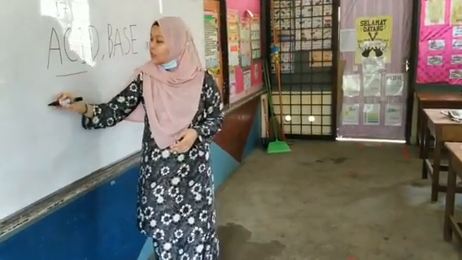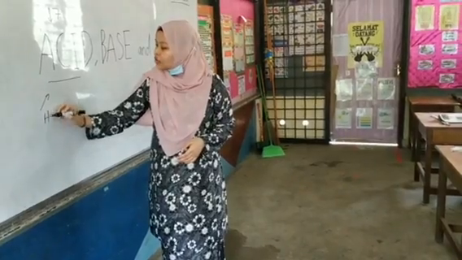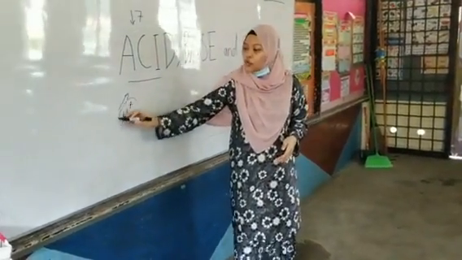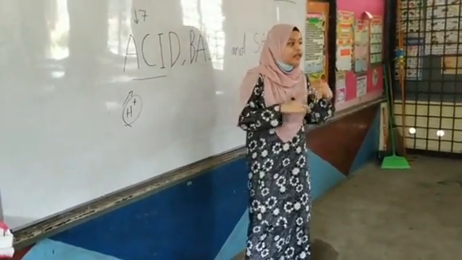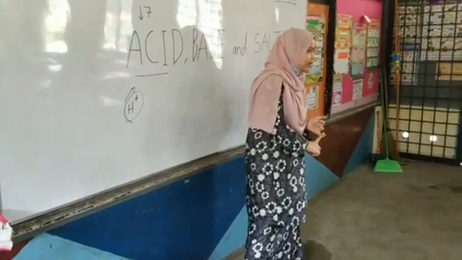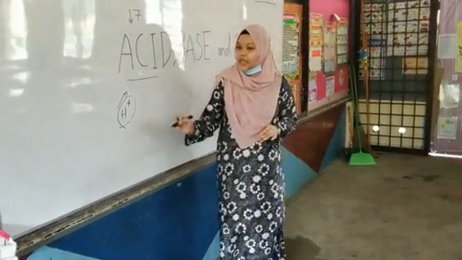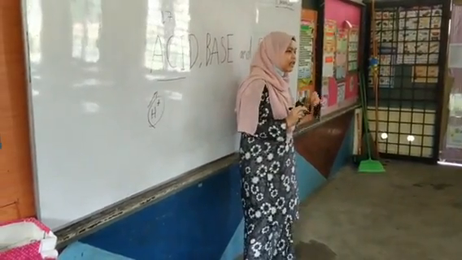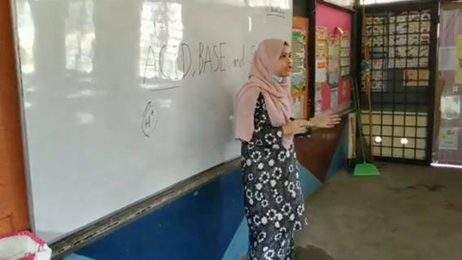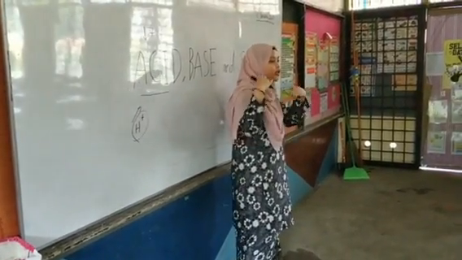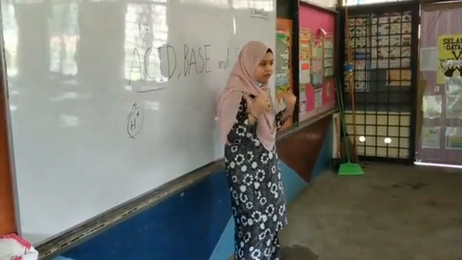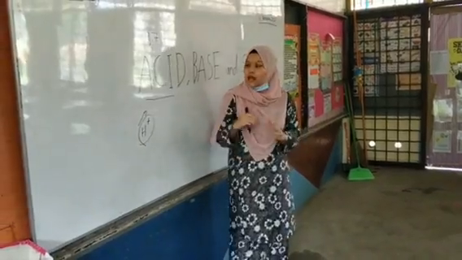So acid will produce hydrogen ions. It is also called a proton, the proton donor. And also it has a sticky feeling. Sometimes it has a sticky feeling and sometimes it's not, but it will have a sticky feeling if we touch acid things.